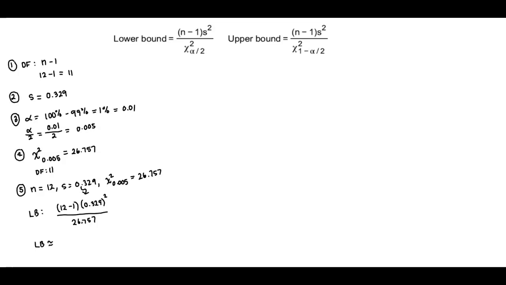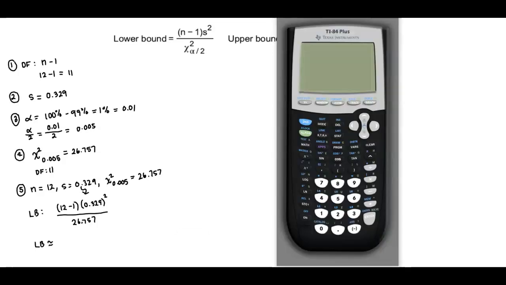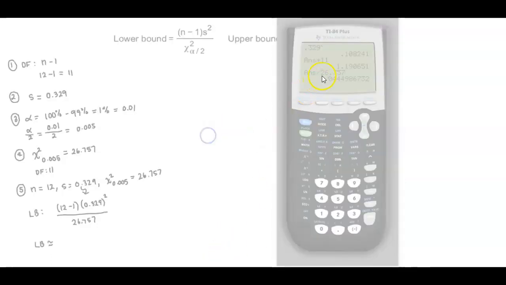Let's use our calculator here. We take 0.329 and square it. Then we multiply it by 12 minus 1, which is 11. And then we divide it by 26.757. Let me copy this result here.